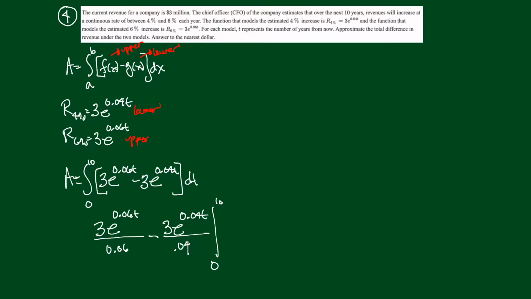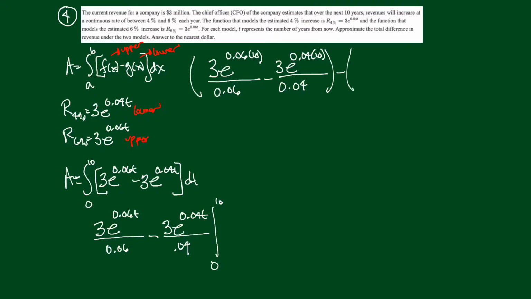I'm going to put in the upper limit. I'll get 3 e to the 0.06 times 10 over 0.06 minus 3 e to the 0.04 times 10 divided by 0.04.